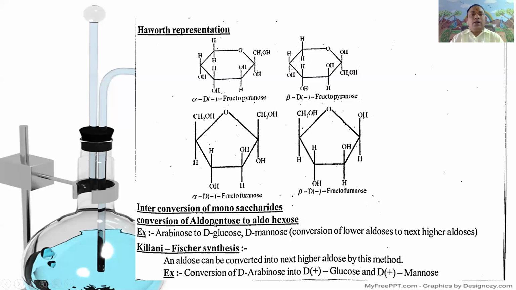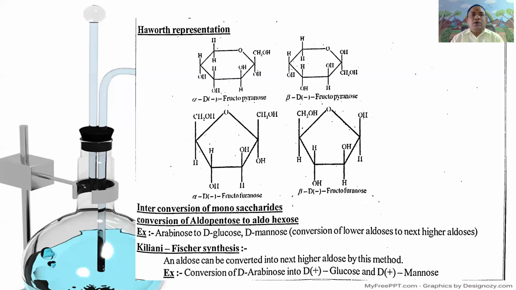In the interconversions of monosaccharides, first is the conversion of aldopentose to aldohexose. Aldopentose means arabinose, that is conversion of arabinose to either D-glucose or D-mannose, means conversion of lower aldoses to the next higher aldoses, that is through Kiliani-Fischer synthesis.